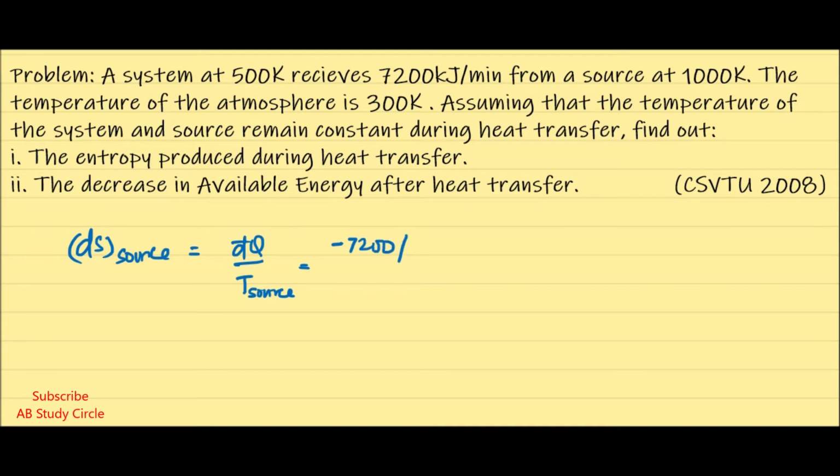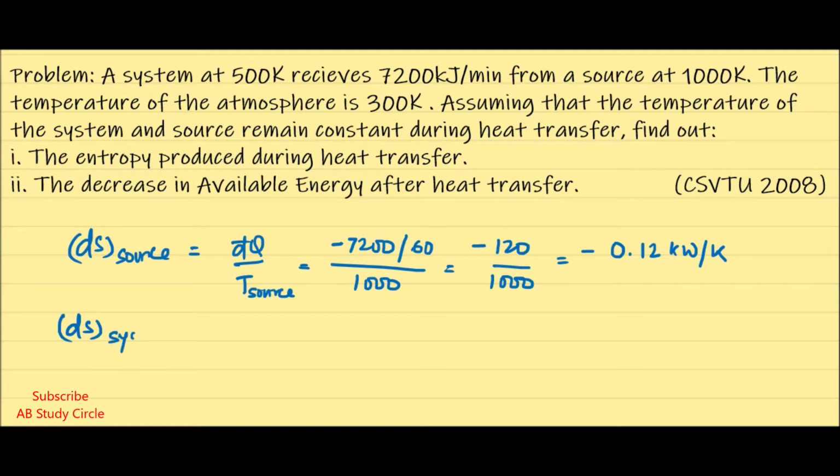As it is in minutes, I will be converting it into seconds, and the temperature is 1000, so it will be minus 120 by 1000. So the final answer would be minus 0.12 kilowatt per Kelvin.